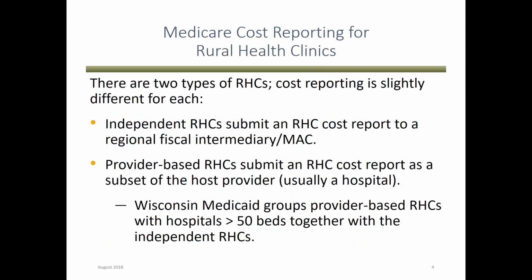Provider-based rural health clinics submit a rural health clinic cost report as a subset of the host provider's Medicare cost report. While the host provider is usually a hospital, it can also be a skilled nursing facility or a home health agency.